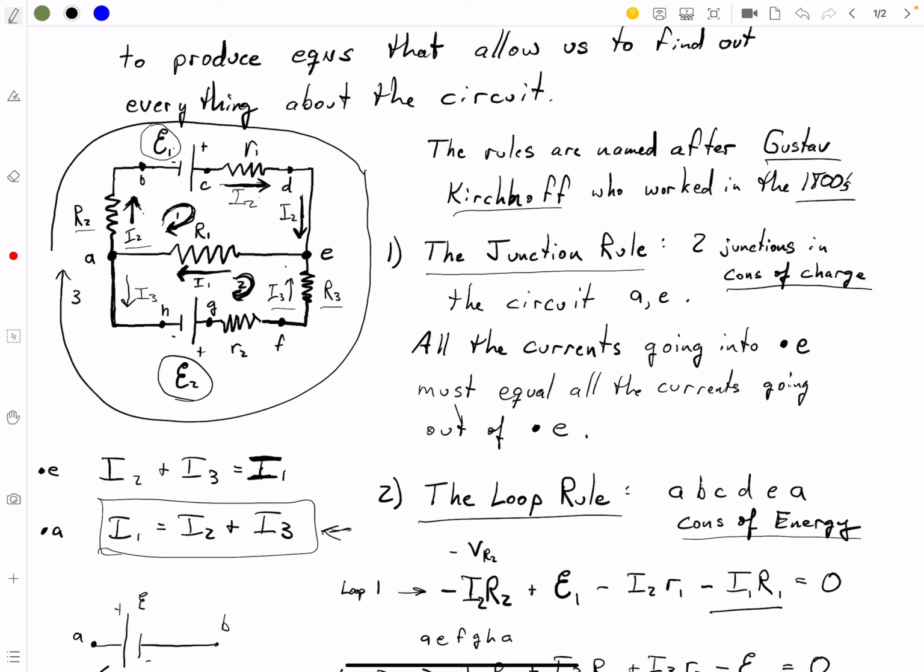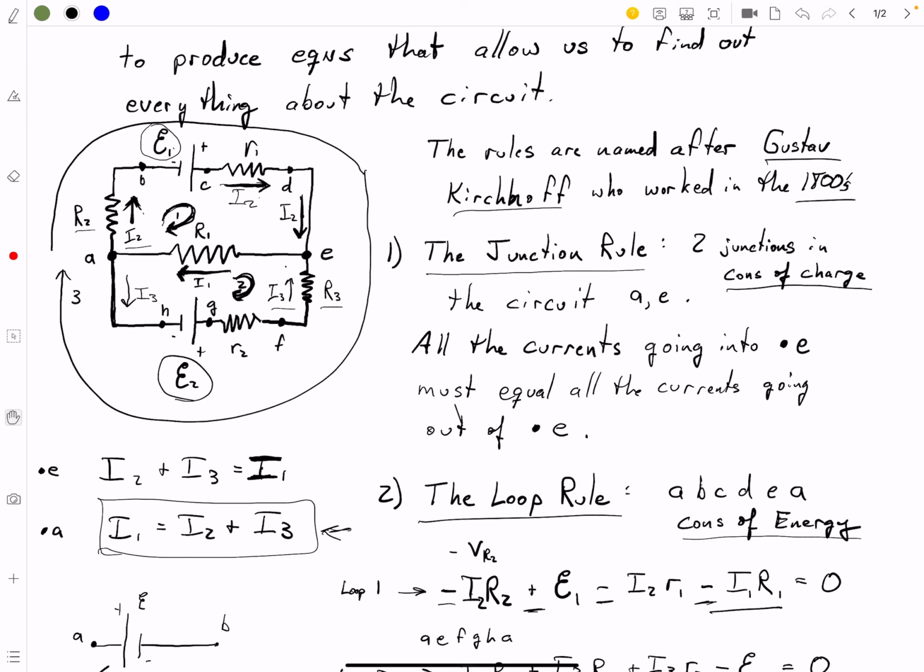Okay, I said which direction I want those loops to go, and then I figured these positive and negative signs accordingly. Okay, if I'm wrong, then I'm off by -1 all the way around. Okay, and the whole thing would be -1 times 0. So it doesn't matter whether you're choosing one direction or the other, you're going to get the same answers.